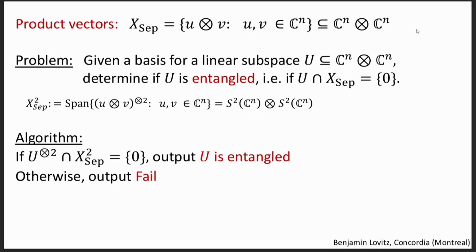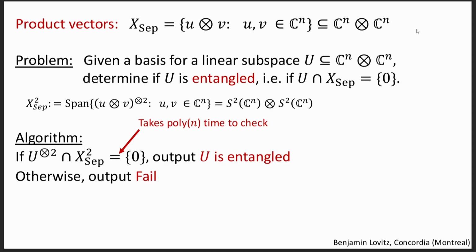Okay, so let's think about the first non-trivial level of this hierarchy. We're setting D equal to 2. And the algorithm is, if this intersection of U tensor twice with X sub 2 is empty, we're going to output that U is entangled, and otherwise we'll output fail. And this takes polynomial time to check. These are spaces in C^n tensor twice, so it's an n to the 4th dimensional space, and you're solving a linear system in an n to the 4th dimensional space.